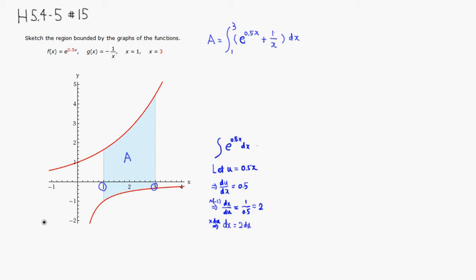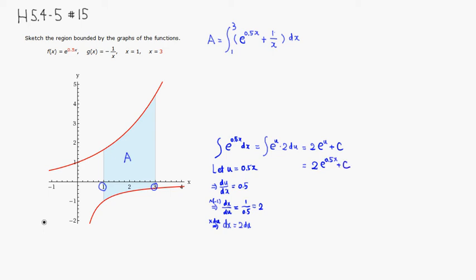We get dx is equal to 2 du. So this integral is going to be the integral of e to the u, and dx is 2 du. This 2 is just right in front. The antiderivative of e to the u du is e to the u plus some constant c. Then we can put this back, where u is 0.5x, plus some constant c.